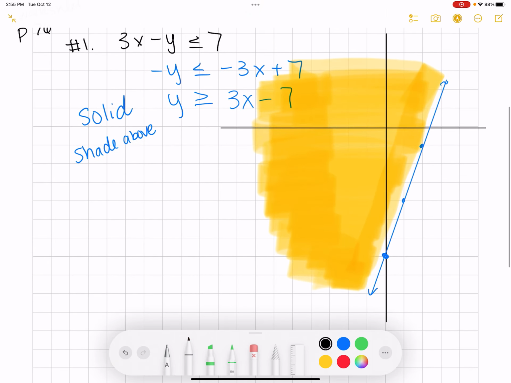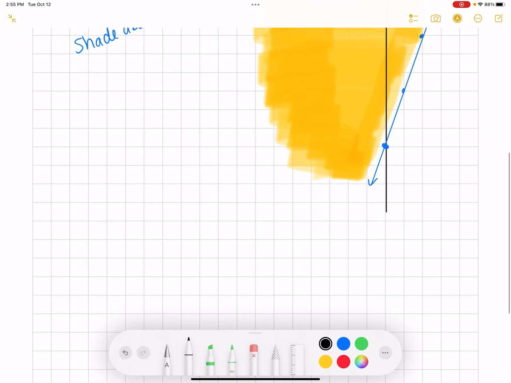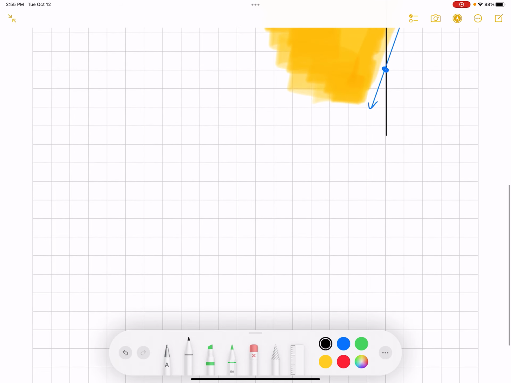Any questions about this one? All right, so then, 2, 6x minus y is less than 10. Again, I need to get y by itself, so I'm going to move the x over by subtracting. So negative y is less than negative 6x plus 10.